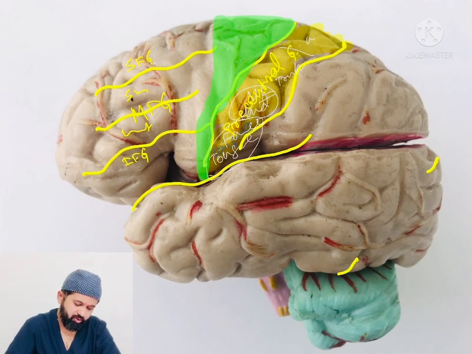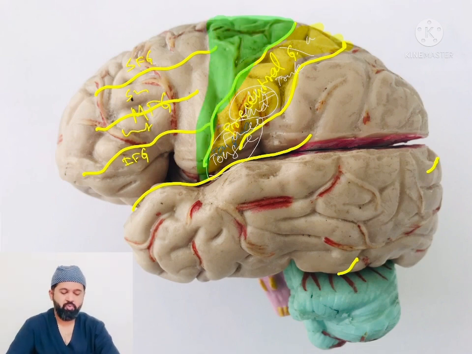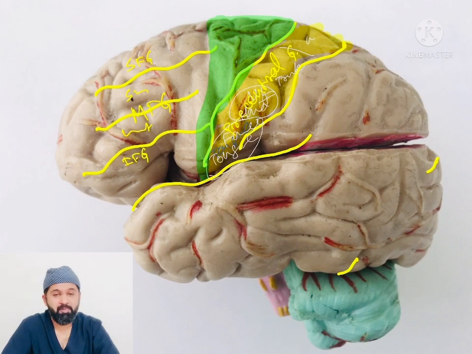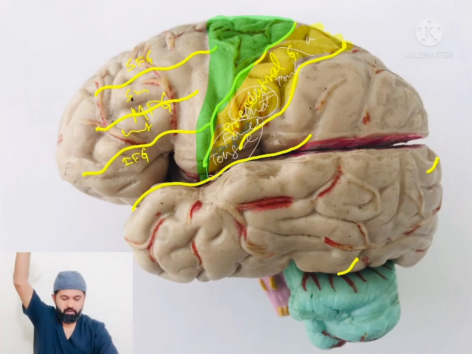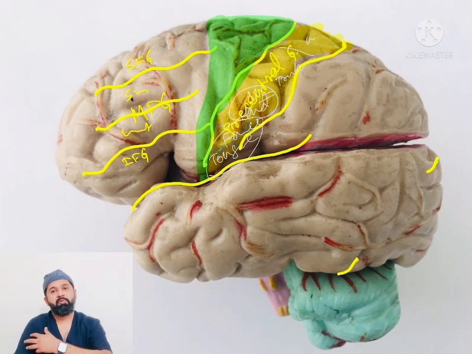Premotor area is also associated with motor activities or movements, but it is involved in the planning of the movement. So for example, if I want to raise my right hand above my head, the primary motor area knows what muscles to activate, but it is the premotor area which decides what muscles will be activated and what movement will actually be carried out.